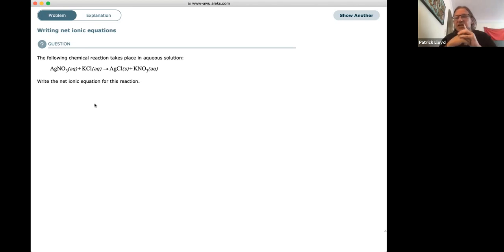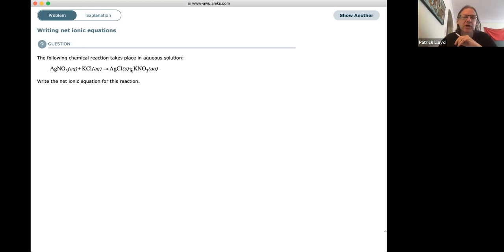So AgNO3 is put into water. KCl is put into water. You're just sprinkling them into the water and a reaction takes place. And the reaction is represented here. You can tell that there was a reaction because you have a new substance here, AgCl. AgCl was nowhere here, but now we have this new substance.